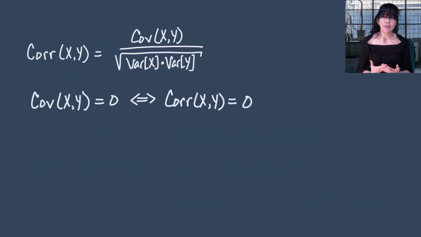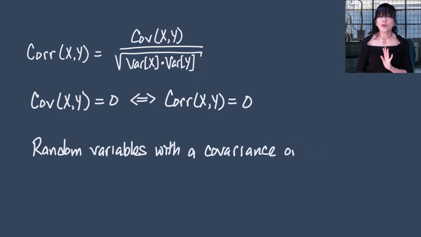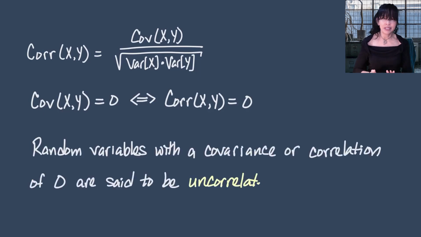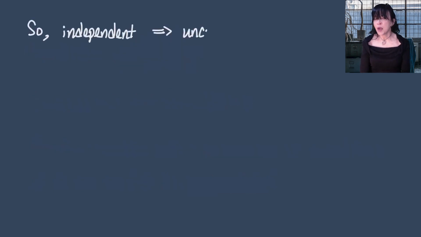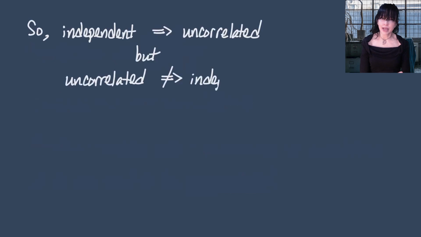So random variables are said to be uncorrelated if their correlation is 0, equivalently if their covariance is 0, even if you never get to looking at correlation. If you have a covariance of 0, you can say that your random variables are uncorrelated. And that is consistent with independence, but not enough to say you have independence.